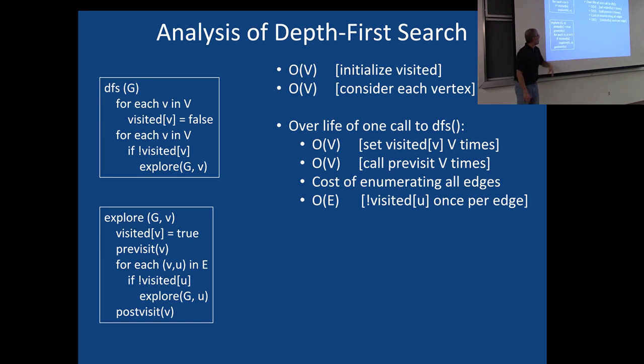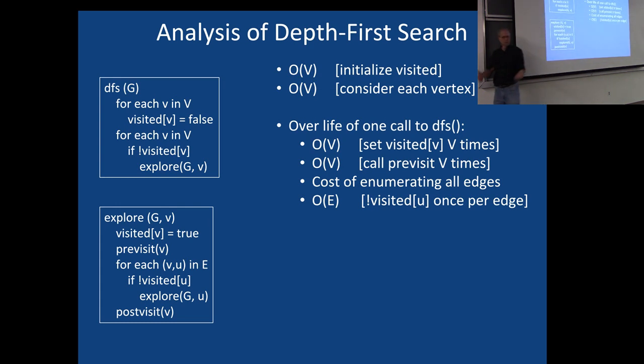Now, how many times total are these two method calls made? Over the entire life of the algorithm. Okay? Explore is called once per vertex. Some of the calls happen up here, and some of the calls happen down here.